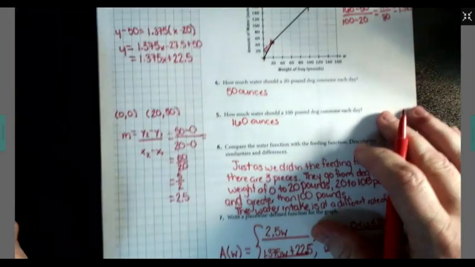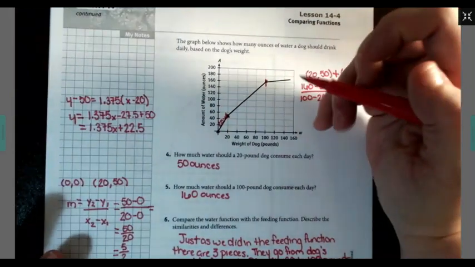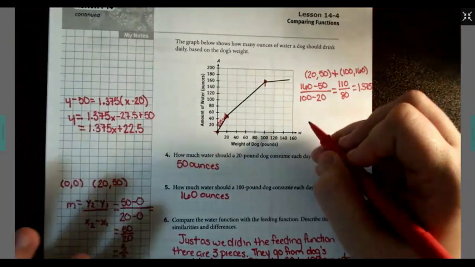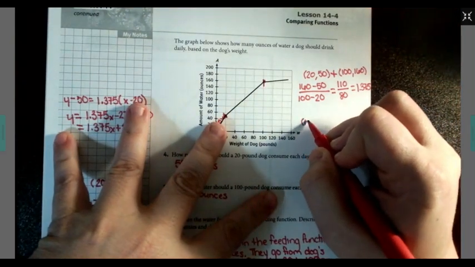All right, let's look. I've got one ordered pair for the big dog. That would be 100, 160.